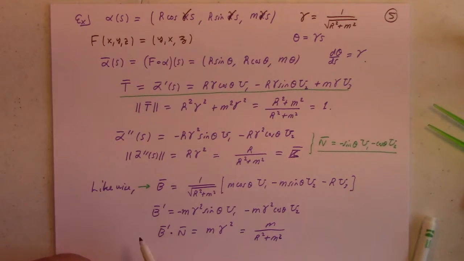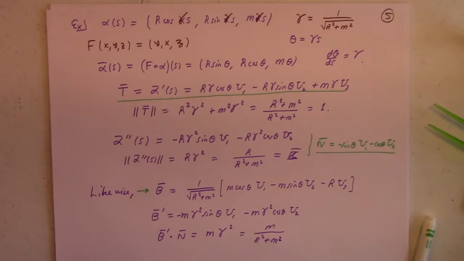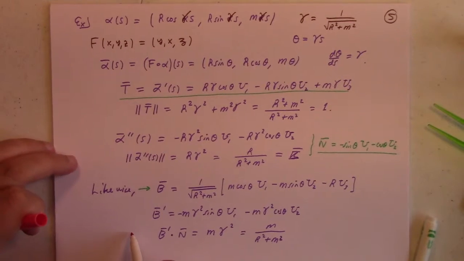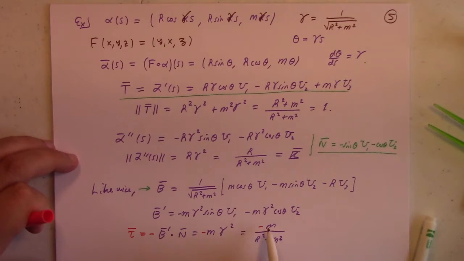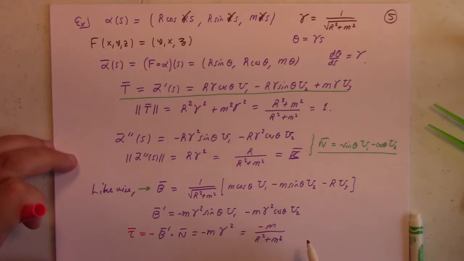Right. Now remember, this is not the torsion. You have to put a minus on that to get the torsion bar, I should say. So torsion bar is equal to minus that, right? And you can see, in fact, that is equal to minus the torsion for the alpha curve.